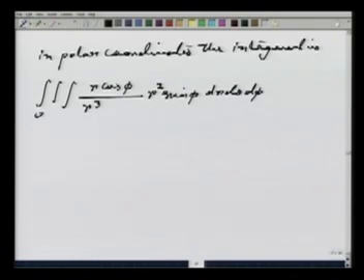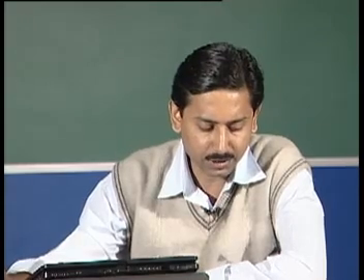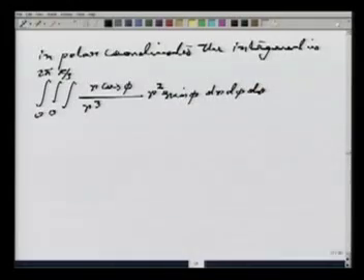Theta varies from 0 to 2 pi, and phi, as we have seen, is from 0 to pi by 3. Then a little calculation regarding r is needed, which I urge you to do yourself. That turns out to be from a sec phi to 2a. It is not really difficult, just look at the picture and you see the variation of r.